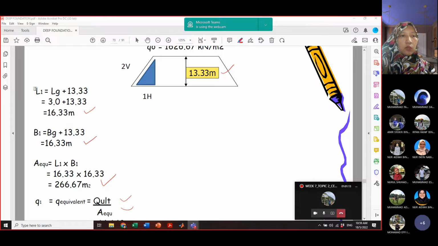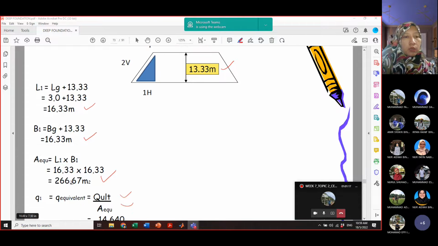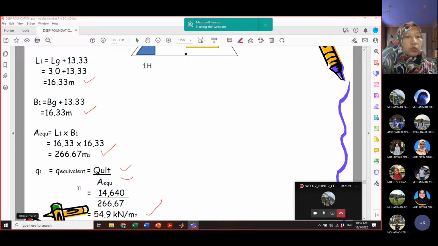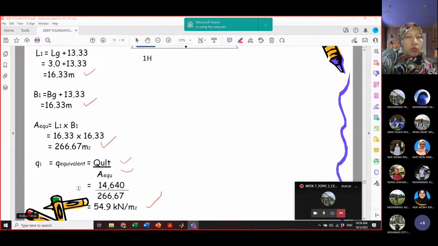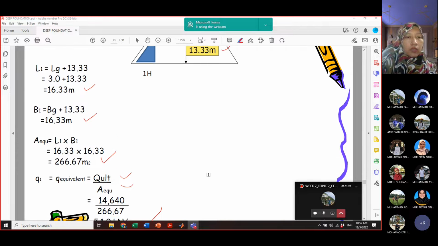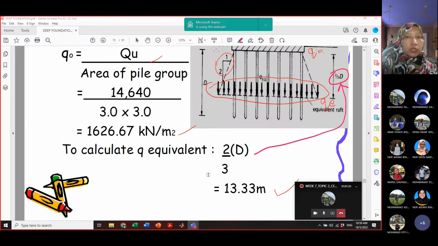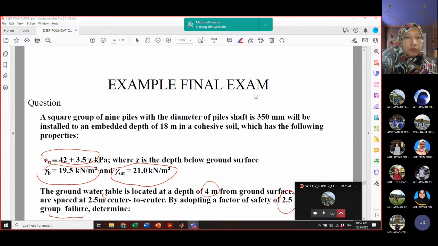Area equivalent is L1 times dengan B1. So kita dapat the area is 266 meter square. So the Q1 or Q equivalent is equal to 54.9 kilonewton per meter square. So ini adalah load effective. This is the stresses below the pile group. This is the point referring to the stresses due to the pile load in group.